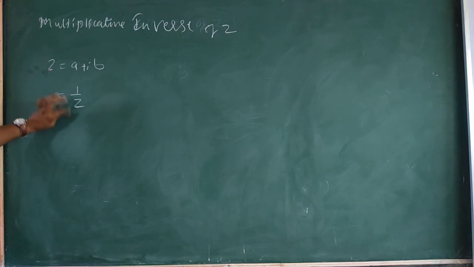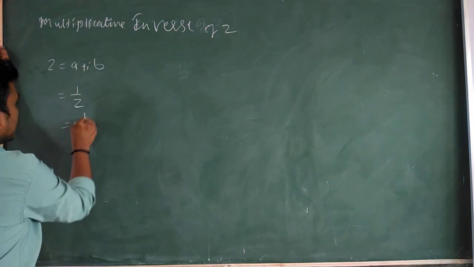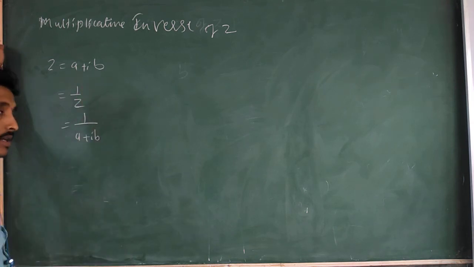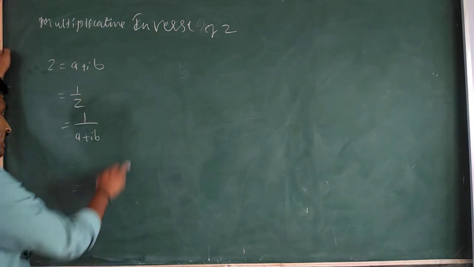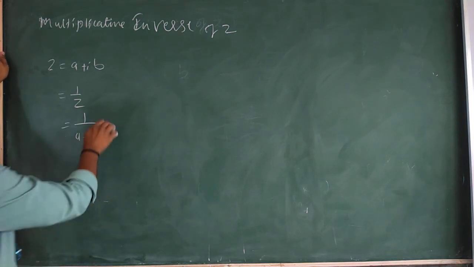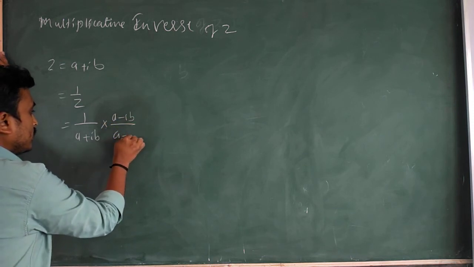What is the value of this one? 1 by z, that is 1 by a plus ib, since z is a plus ib. We need i in the numerator, not in the denominator. How? That is rationalizing the denominator: a minus ib divided by a minus ib.